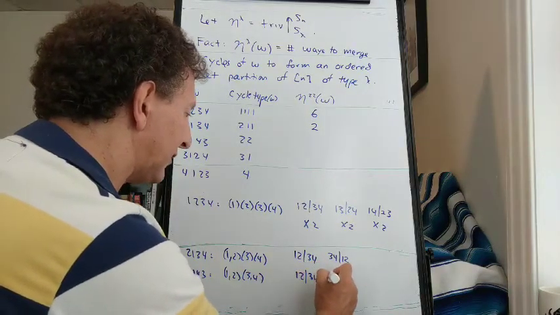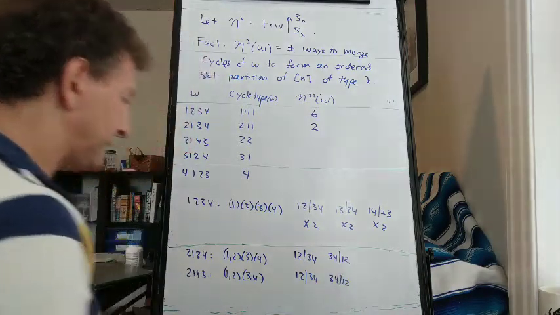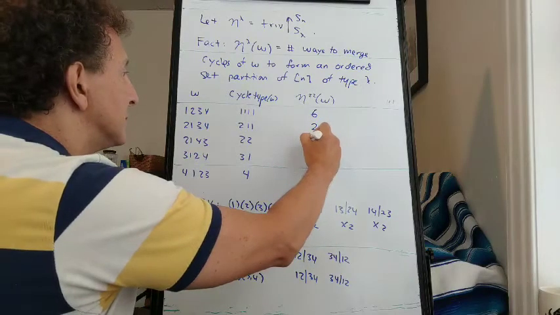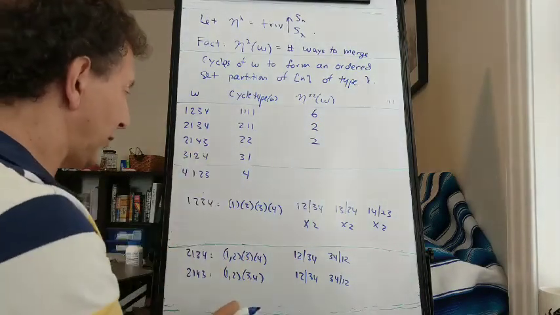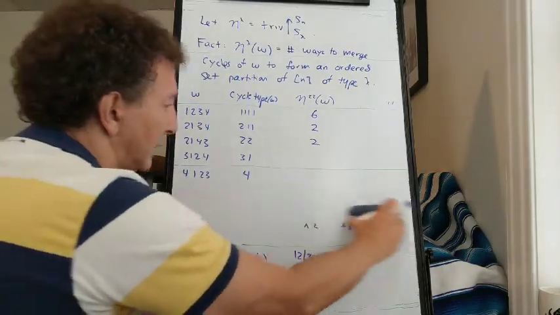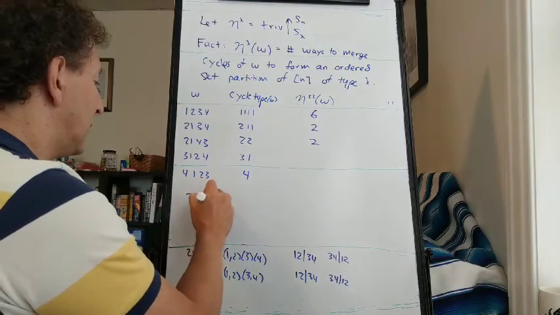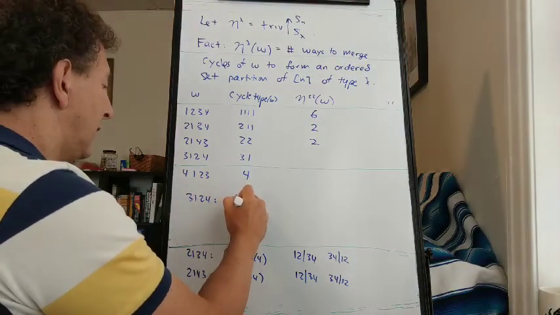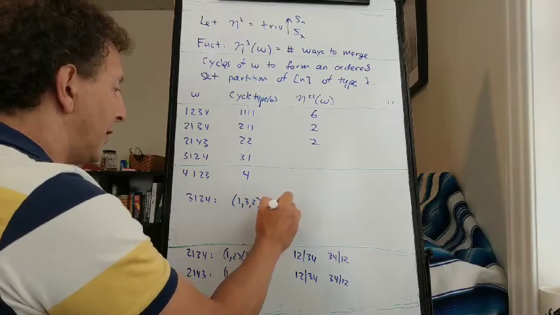And I guess there's just 2 ways to do that also. And then 3, 1, 2, 4 has cycle notation 1, 3, 2, and 4.